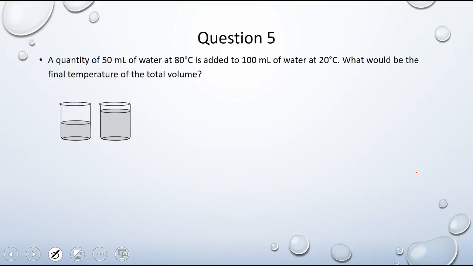Question 5 says a quantity of 50 milliliters of water at 80 degrees is added to 100 milliliters of water at 20 degrees. What would be the final temperature of the total volume? So here we go again. We have the temperature initial at 80 degrees and 20 degrees. The temperature final should be the same for both of them. We know the mass is 50 for this one and 100 for this one.